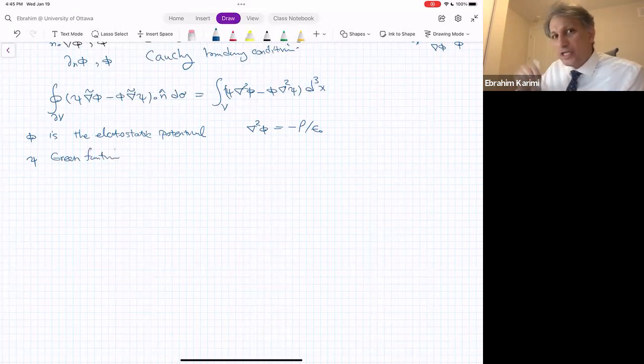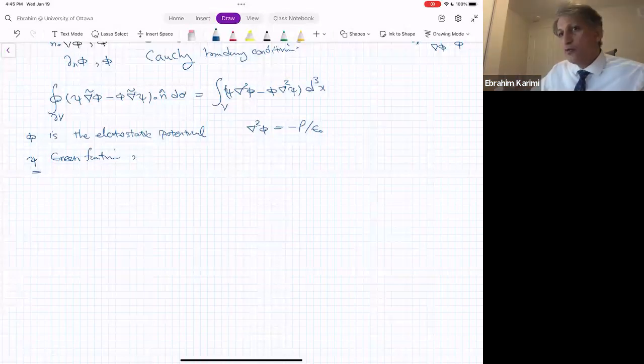And depending on what is going on with the value of psi at the surface, okay, recall, now we are playing with the psi at the surface. What is happening with the psi? Are we defining the normal derivative of psi, or are we defining psi at the boundary? Then we do have a different problem. If we define psi at the boundary, we call it Dirichlet boundary condition.